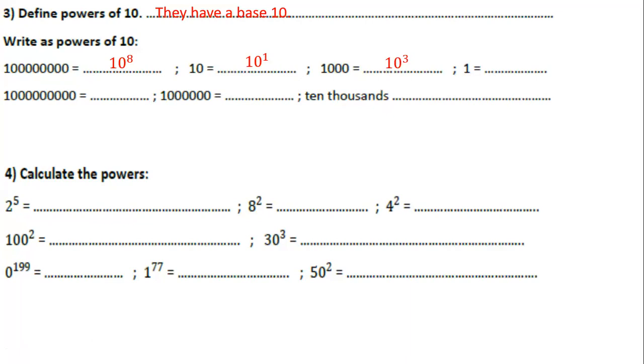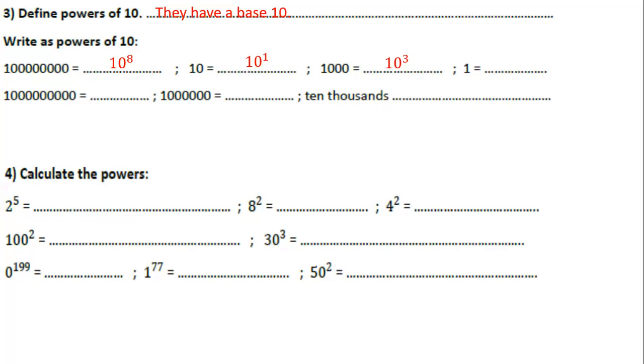Thank you, Angelina. I move to Julia. Yes, welcome, Julia. Yes. Now we have 1. I should write it as a power of 10. Always, what should be the base? The base of it's 0.